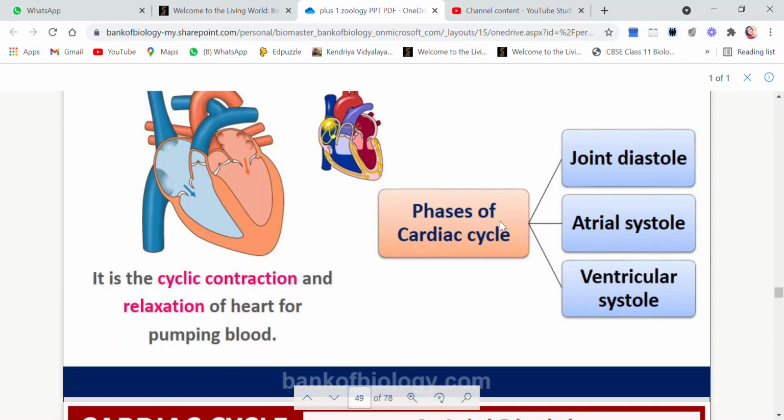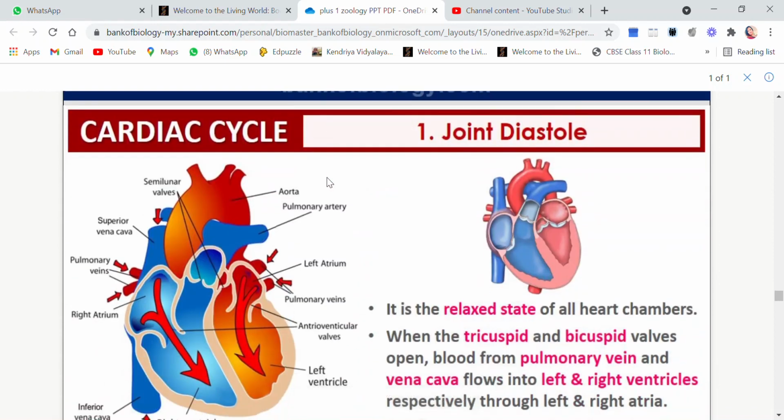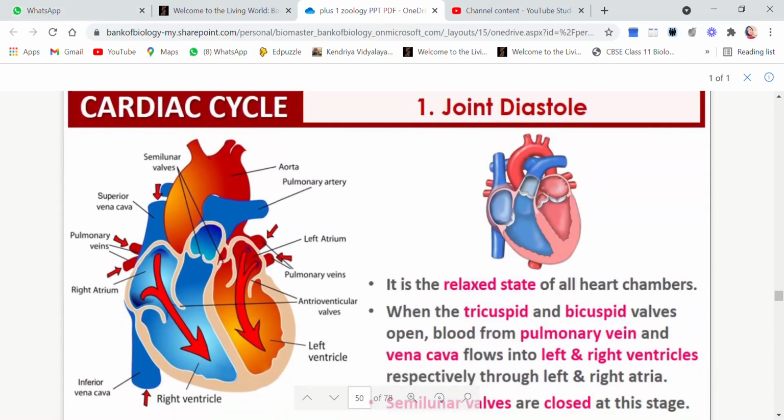Now, phases of the cardiac cycle: there are three phases. First is joint diastole, then atrial systole, and then ventricular systole. So we will see all these phases in detail. The first one is joint diastole.